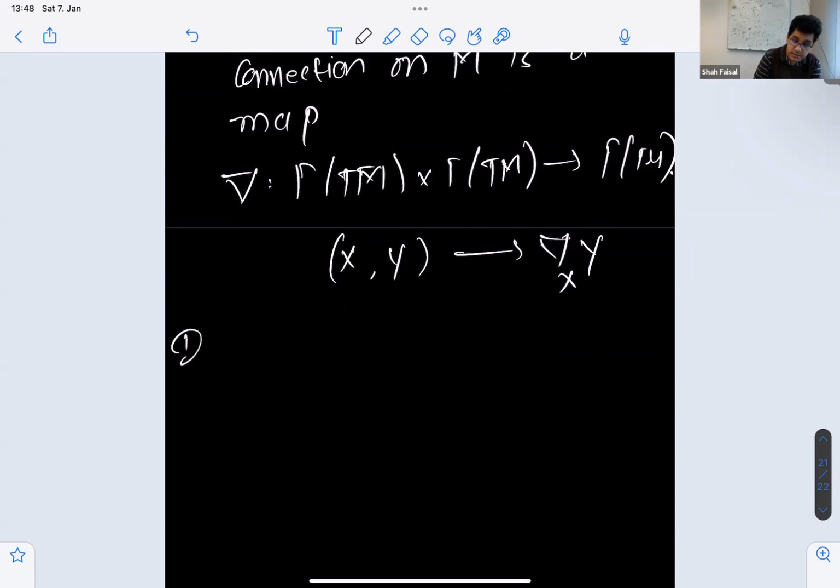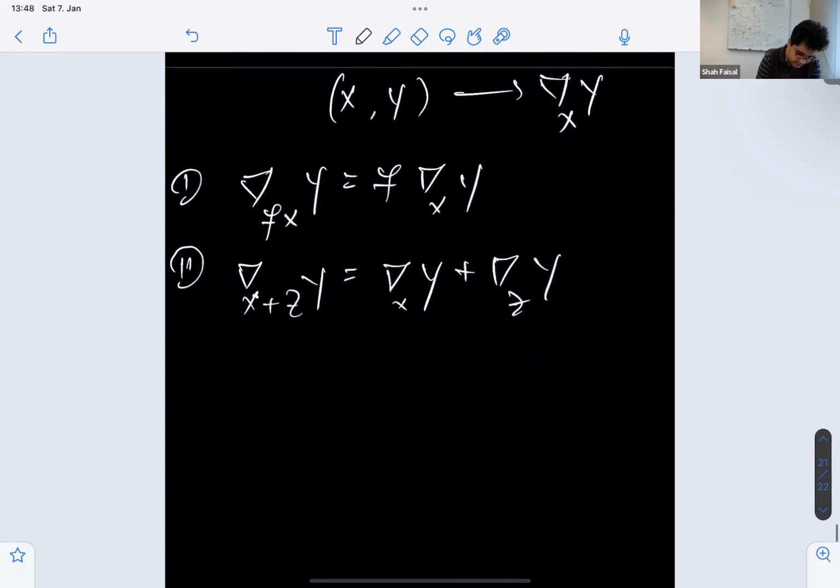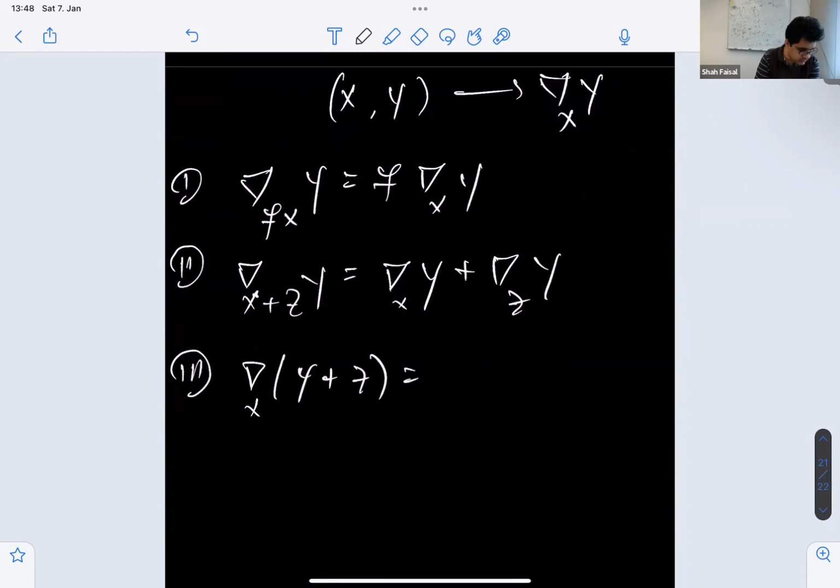So it is linear in, okay, let me properly state that. If you have a function multiplying, then you bring the function to the front. Similarly, X plus Z differentiate Y. I'm just restating the above, so just quickly try it. And third, Y plus Z. So these X, Y and Z are arbitrary vector fields.